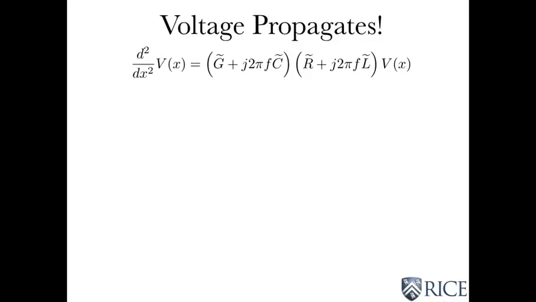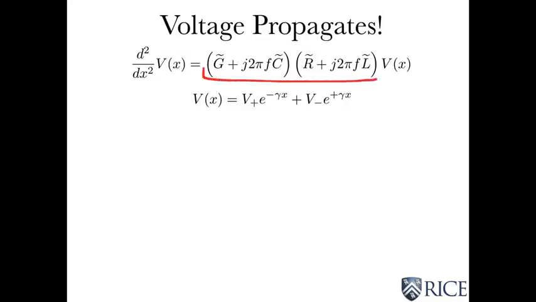So, it turns out the solution of this equation says that voltage propagates, as you might expect, because it's governed by Maxwell's equations. I'm going to call this gamma squared. And if you substitute this assumed equation into this equation, when I take a second derivative of the voltage, that brings down gamma twice, giving me a gamma squared, and I get two solutions.